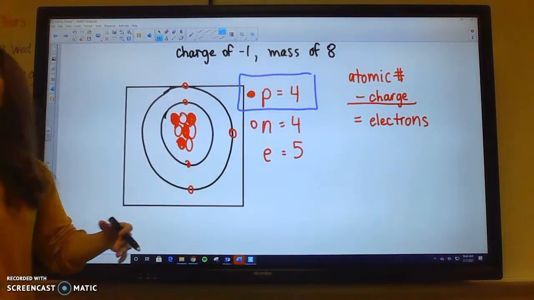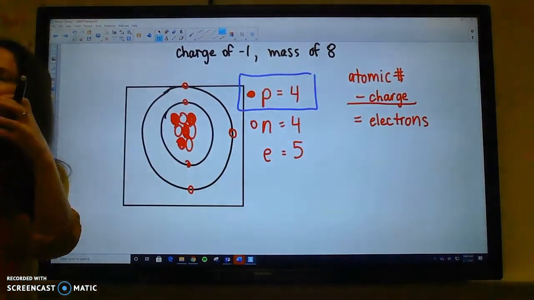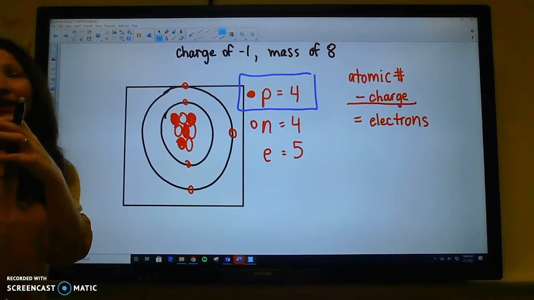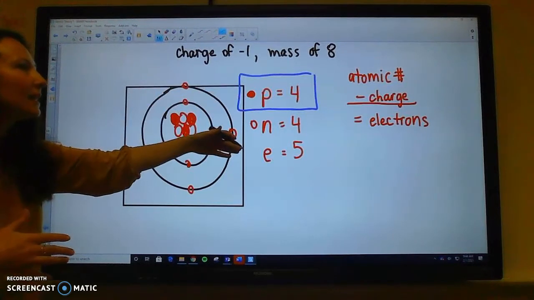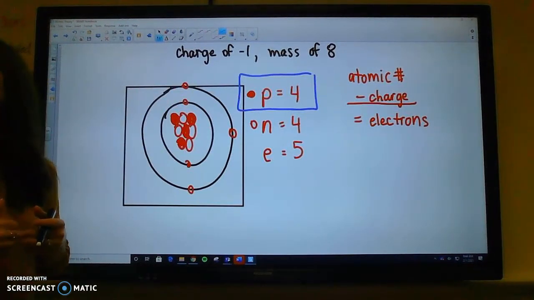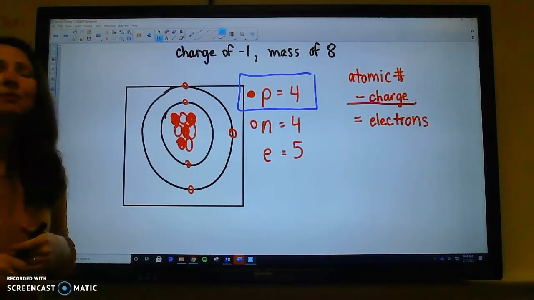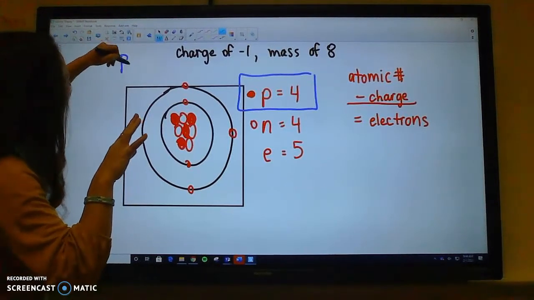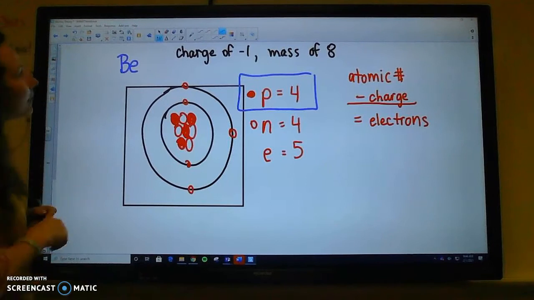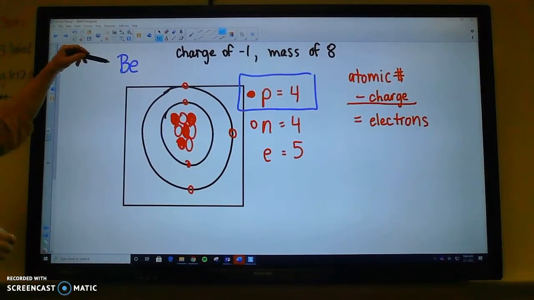So the periodic table has the average of all the isotope masses. It's actually a weighted average of all the isotope masses, but this isotope has a mass of 8, and it might not match what you see on the periodic table. But element number 4 is what? Beryllium. So this is beryllium.